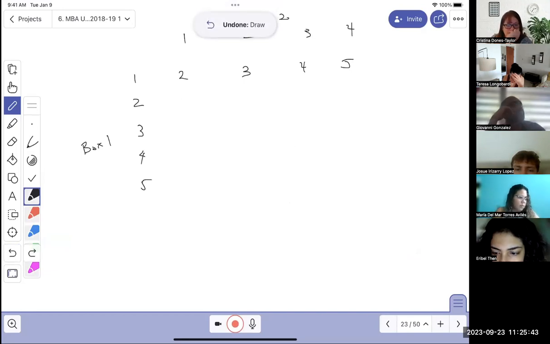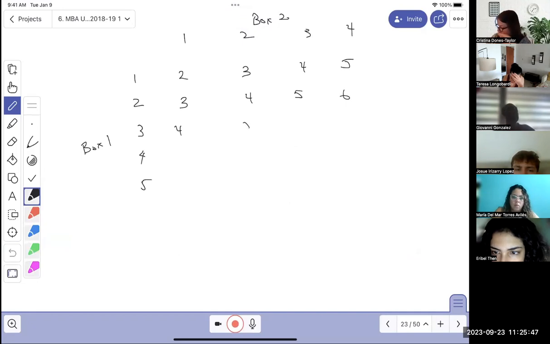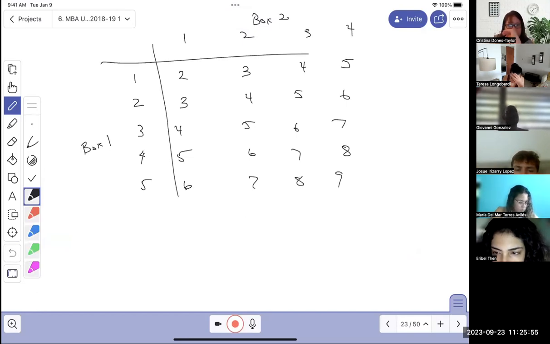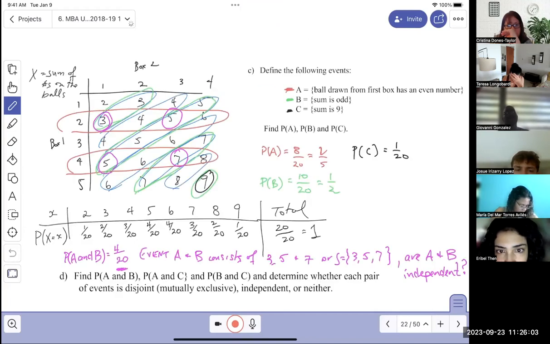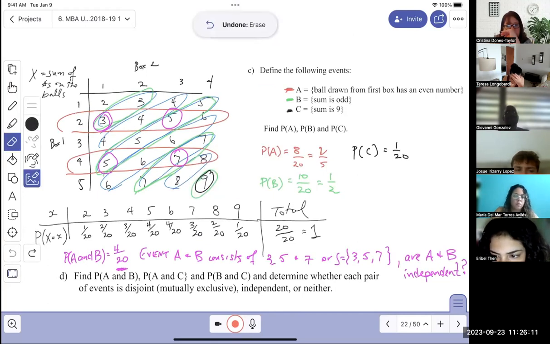So I do the same thing, just 3, 4, 5, 6, 4, 5, 6, 7. I shouldn't have circled the 2s here. That might be confusing. 2 is not an option.